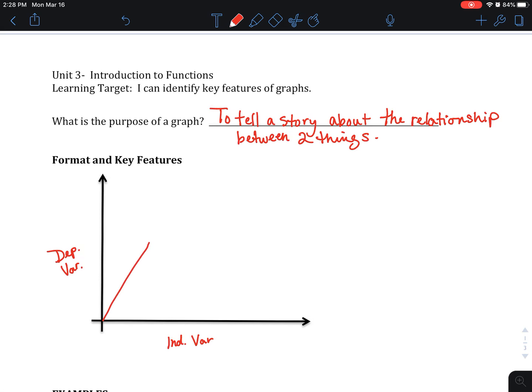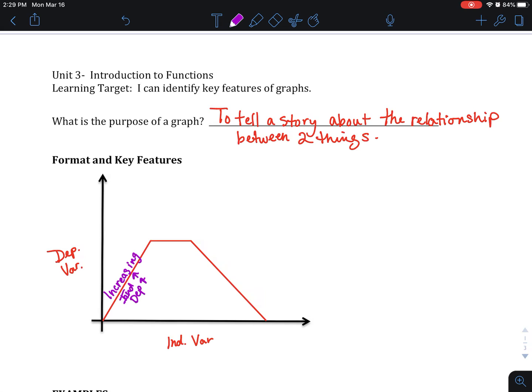And then we drew this kind of picture, looks something like this, where we looked at some different sections of a graph, and we talked about how when the graph is going up, we call this increasing, and what's going on there is the independent variable is going up, and the dependent variable is going up.